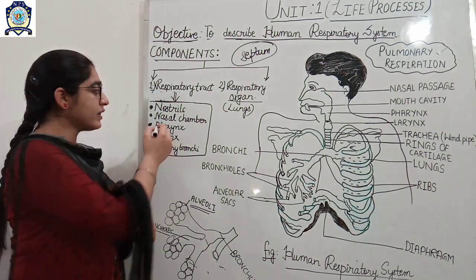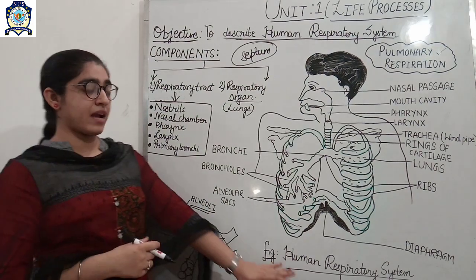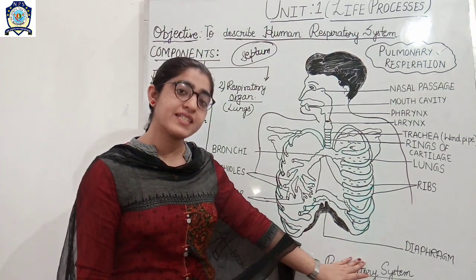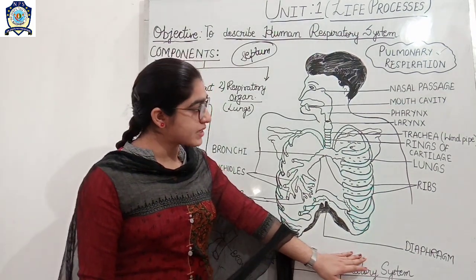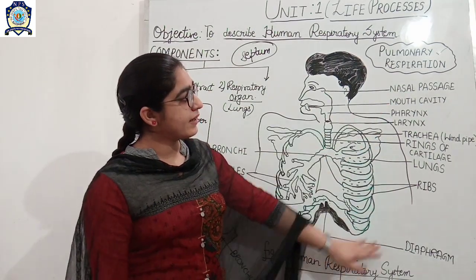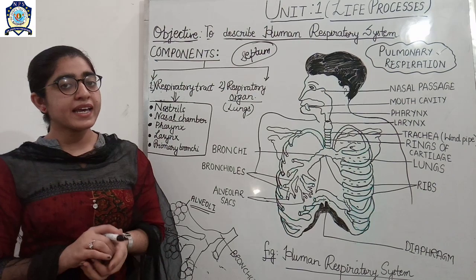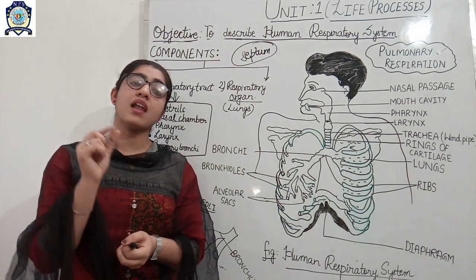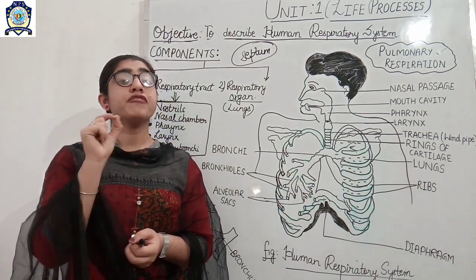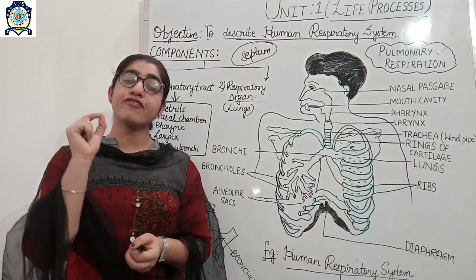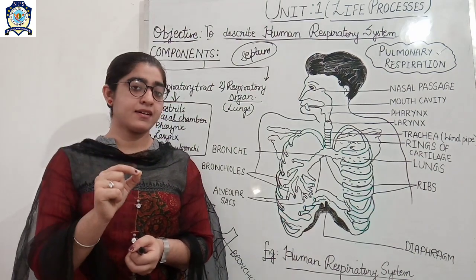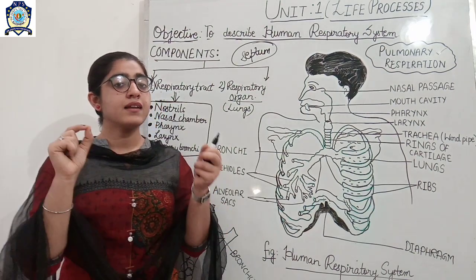After the nostril, the next one is the nasal chamber. As I have drawn this human respiratory system, you may see here the nasal passage or the nasal chamber. Again these are two large chambers which are separated from each other by the nasal septum.